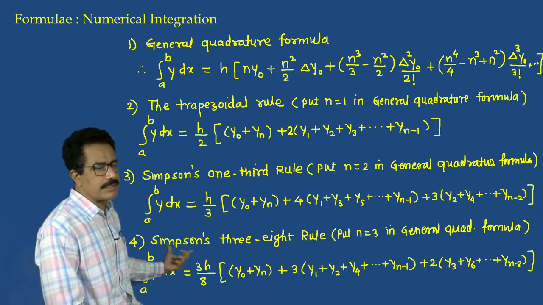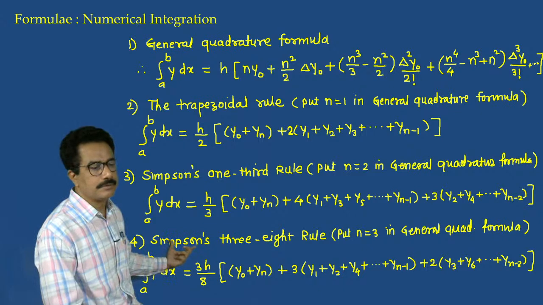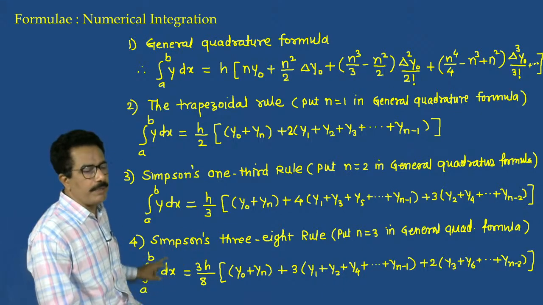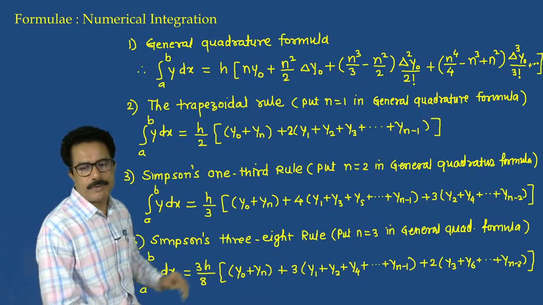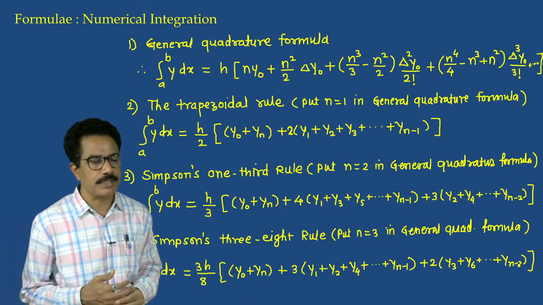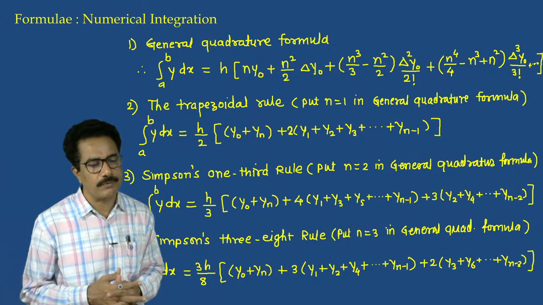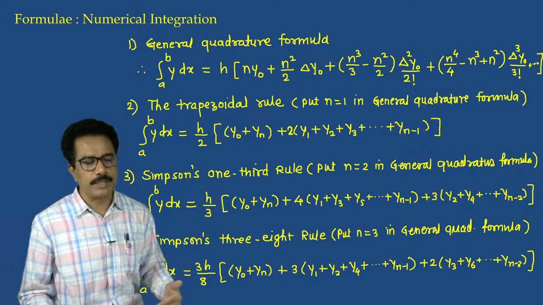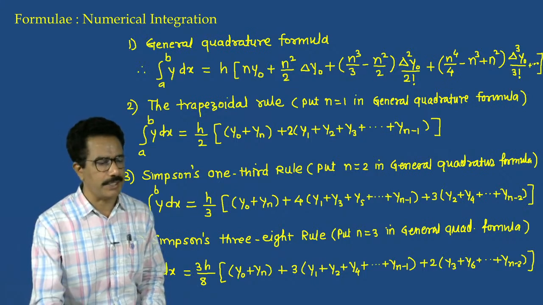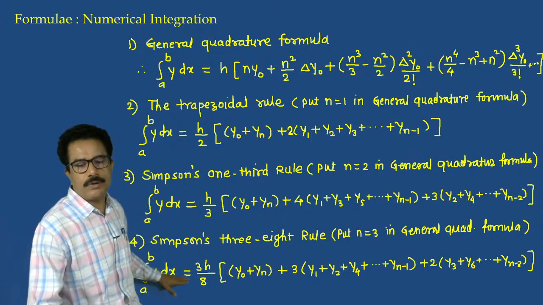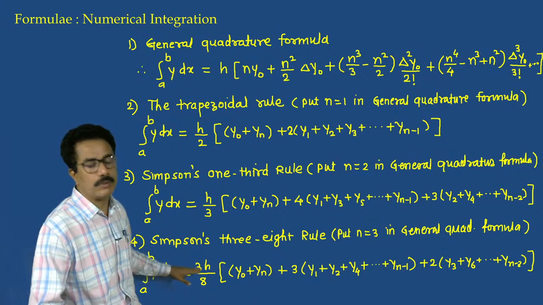Next we shall discuss Simpson's 3/8 rule. Integral from a to b y dx equals 3h by 8 into y0 plus yn plus 3 times of y1 plus y2 plus y4 up to yn minus 1 plus 2 times of y3 plus y6 up to yn minus 3. Okay, thus we can obtain Simpson's 3/8 rule.